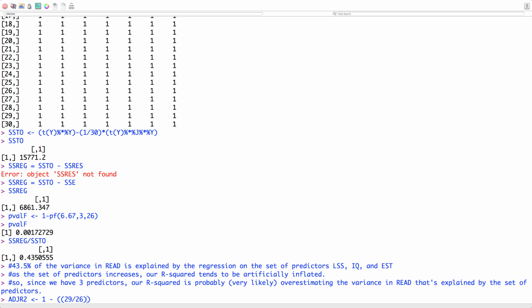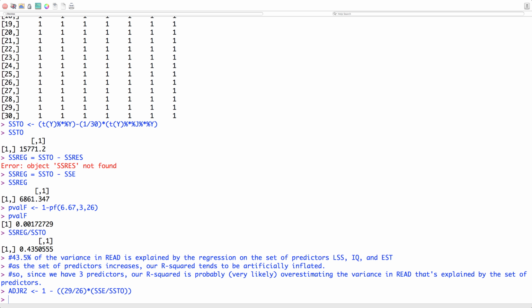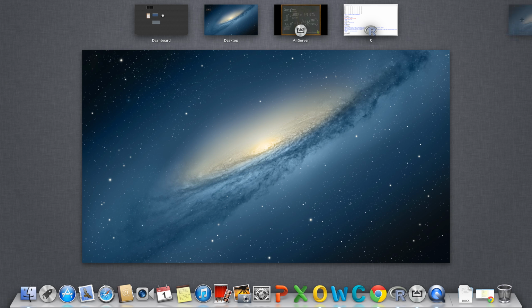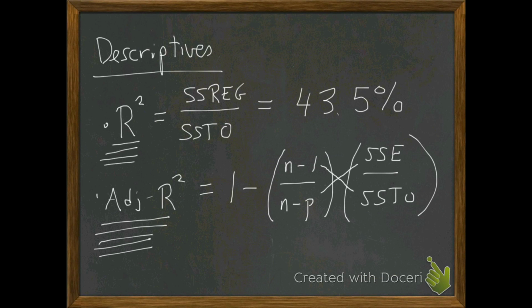And I need to multiply by sum of squares for the error over sum of squares for the total. The guys, the adjusted R squared is going to be 37.0%, or well, 36.99% if we go out two places. I think I'll do that.